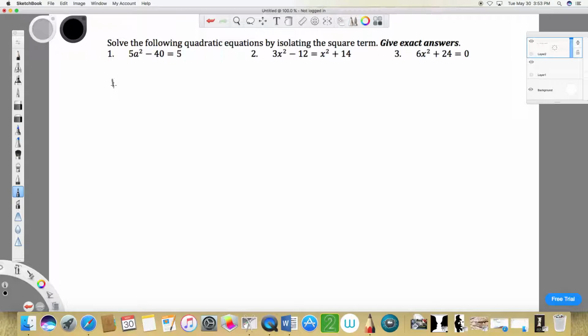For number one, we've got 5a squared. Let's add 40 to each side, and we have 45. Let's divide both sides by 5. Let's take the square root of each side.